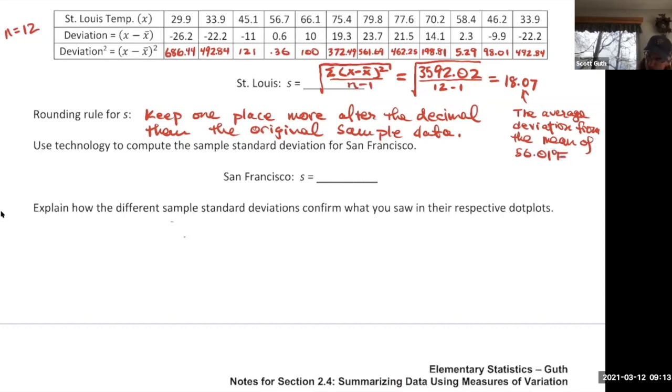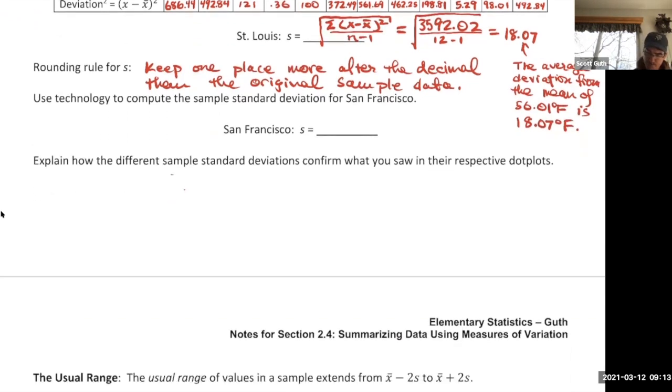The average deviation from the mean of 56.1 degrees Fahrenheit is 18.07 degrees Fahrenheit. Okay, so we have a mean, but then we have an average distance from the mean, or deviation. Okay, any questions?